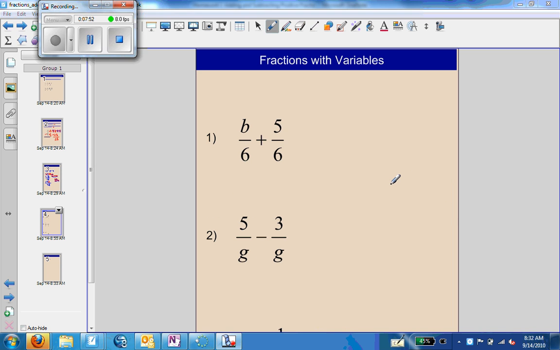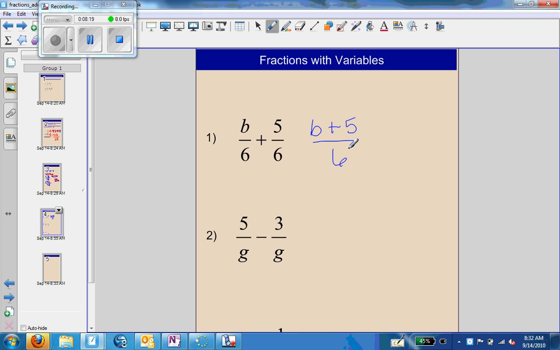Next, we're going to talk about fractions with variables in them. And this is where we get to make sure we really get the idea of adding numerators and keeping the denominator. So in our first example, we're going to be adding b plus 5 and keeping the denominator of 6.